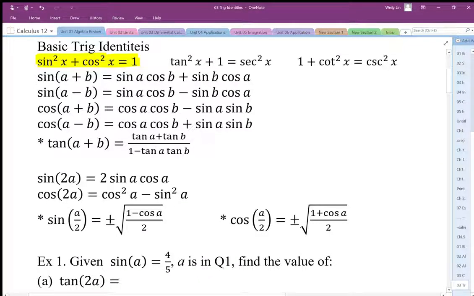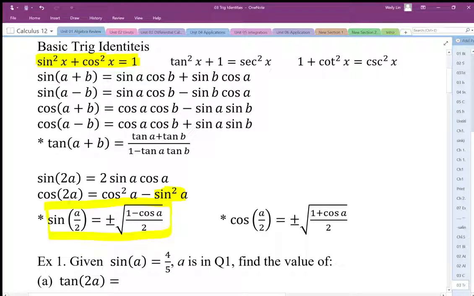And we also have half angle identities, and these ones you may or may not have seen before, but these ones are useful. Just so that you understand where they come from, the half angle identities come from the cos 2 alpha identity. So we're going to solve for that sine alpha, and that gives us this half angle.